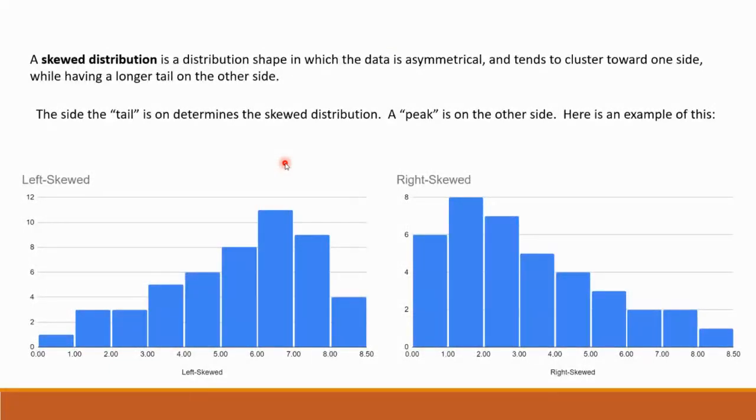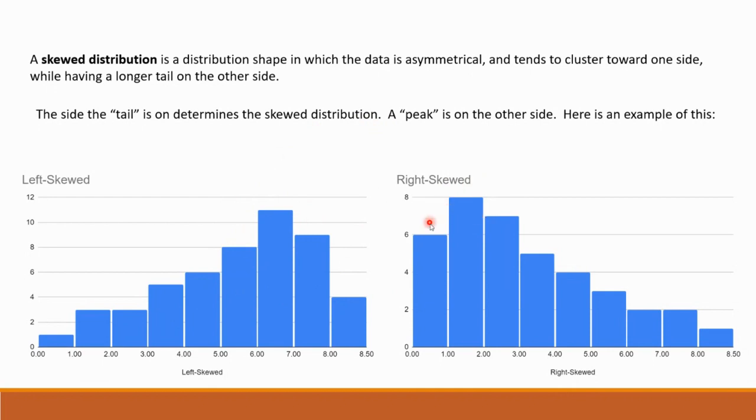Another one is what we call a skewed distribution. This one is actually not symmetrical, as you could probably see from here. But in this case, what happens is the data clusters towards one side. Because of that, you'll get sort of a peak, like the peak of a mountain at the highest point.